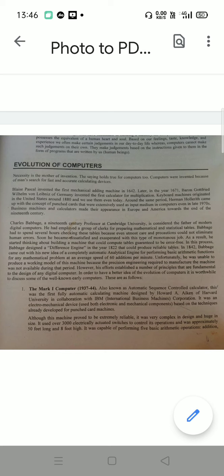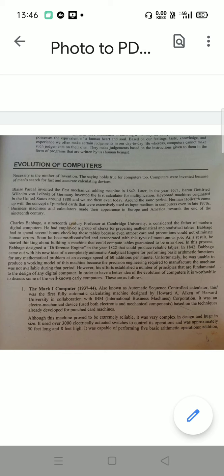Keyboard machines originated in the United States around 1880, and we use them even today. At the same time, Herman Hollerith came up with the concept of the punch card, which was extensively used as an input medium in computers in the 1970s.